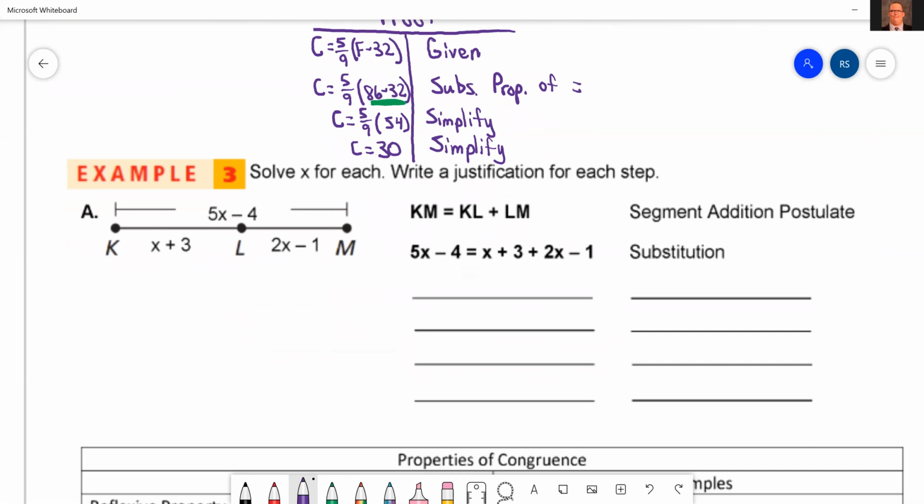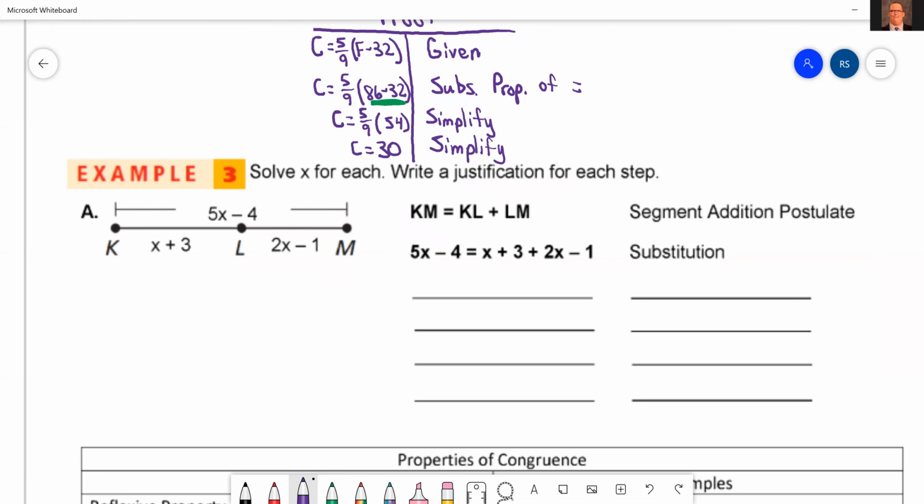We'll get to it maybe tomorrow or the next day. Or I guess I should say tomorrow or Monday. I can't remember. But nonetheless, by the time you take your test over this, we will have covered it.